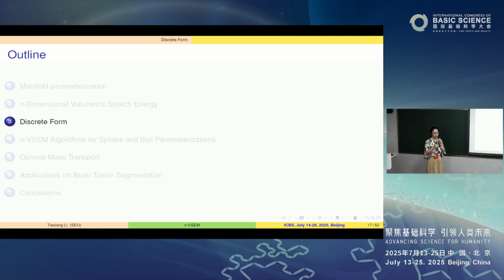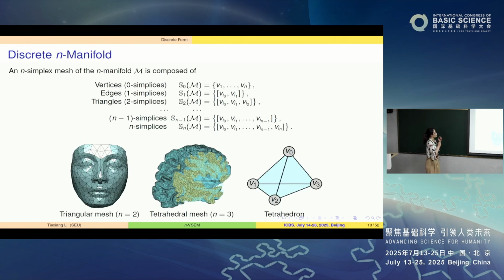Then we will go to the discrete form. Today we focus on how to compute this mass preserving map; of course, we have to solve a discrete model optimization problem. Firstly, we should discretize the n-manifold M. Suppose M is composed of n-simplex meshes.